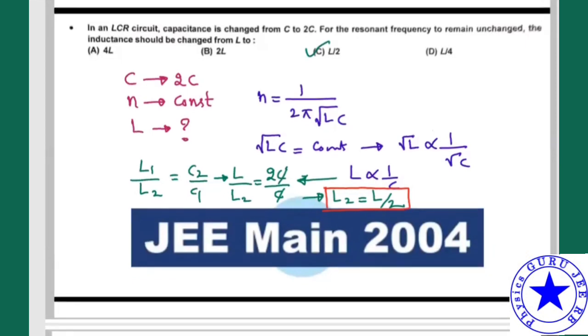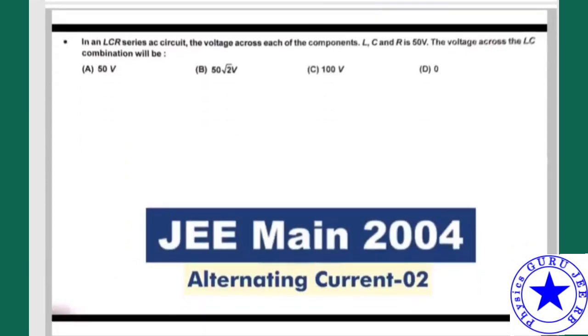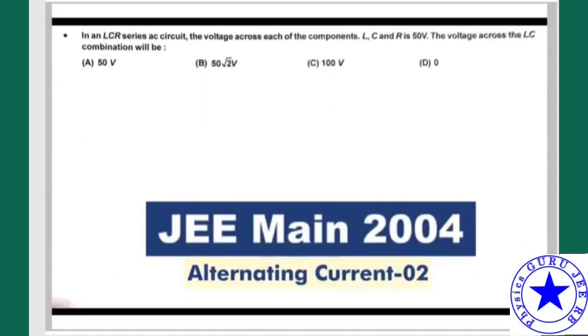Now we'll proceed to the next question, given in JEE Mains 2004 itself. In an LCR series AC circuit, the voltage across each component L, C and R is 50 volts. Then what is the voltage across the LC combination?